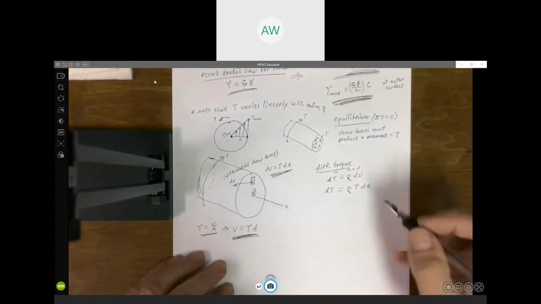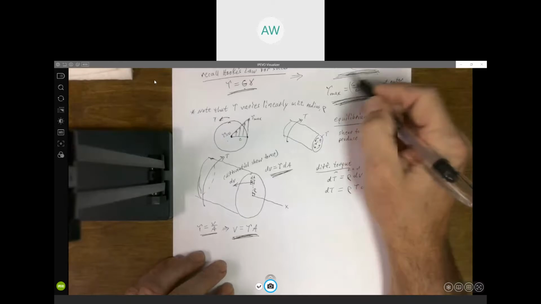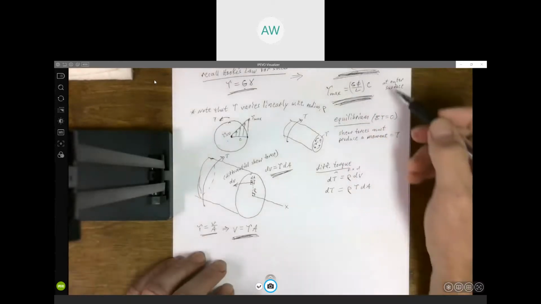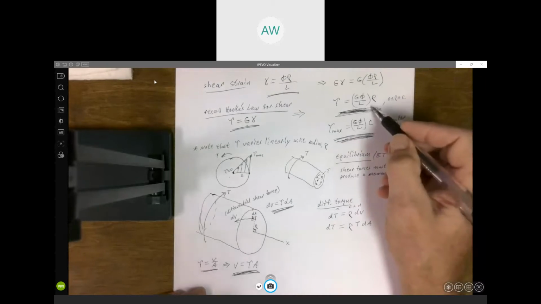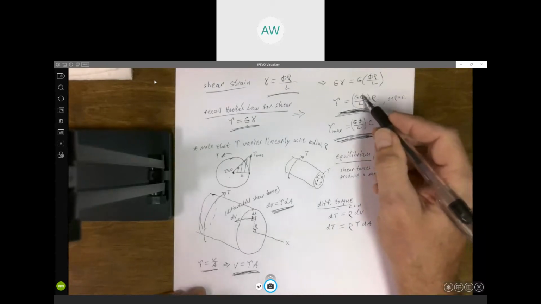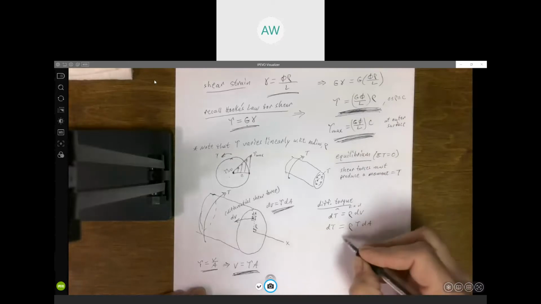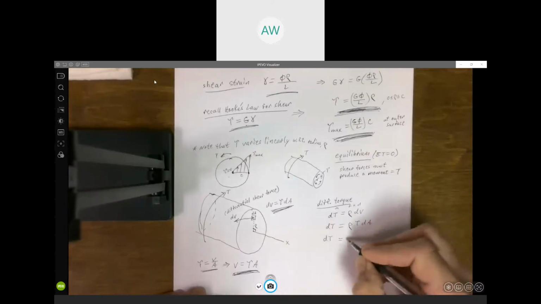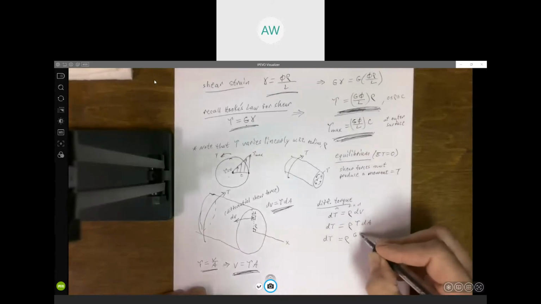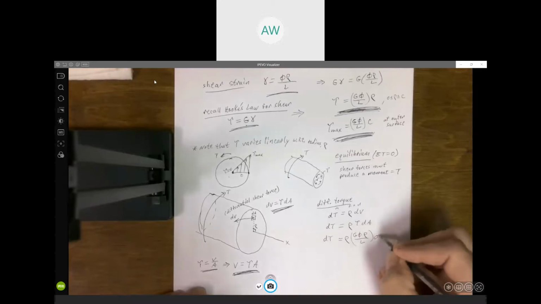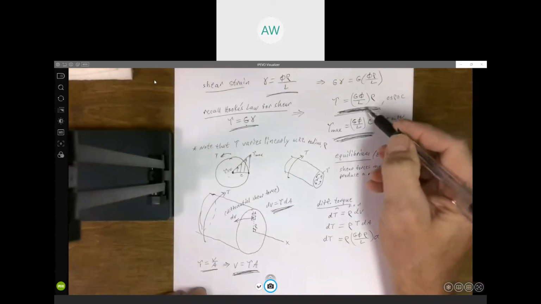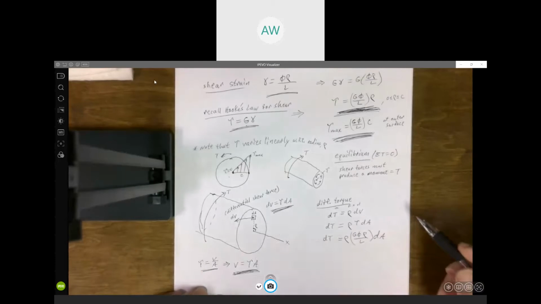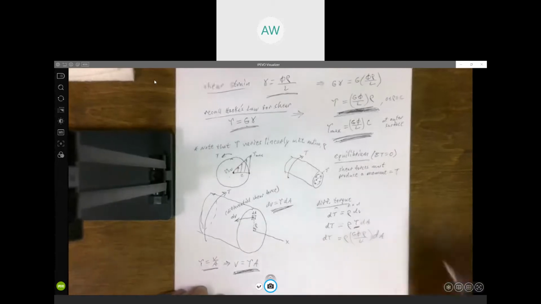Previously we know tau is G times phi times rho over L. So I'm going to substitute that in: G times phi times rho over L times dA. We're just taking our previous formula for shear stress and plugging in here for shear stress.